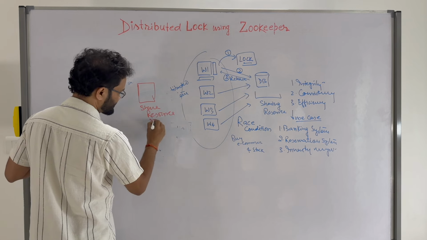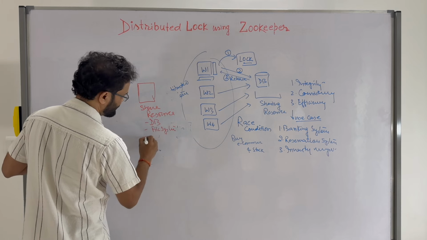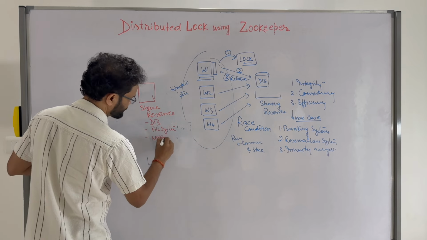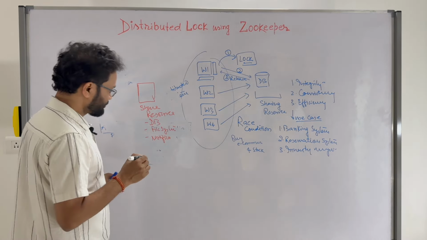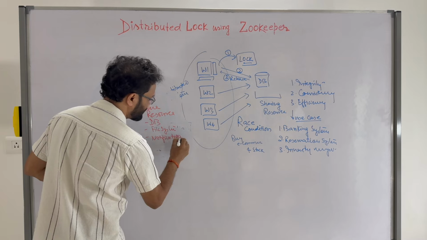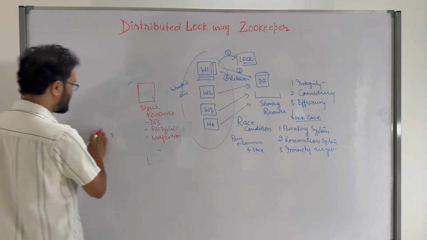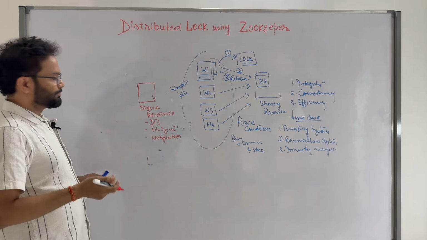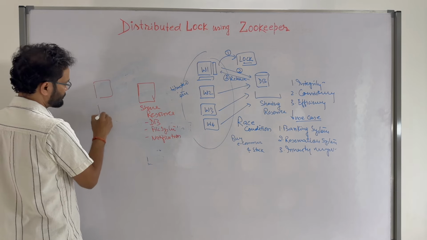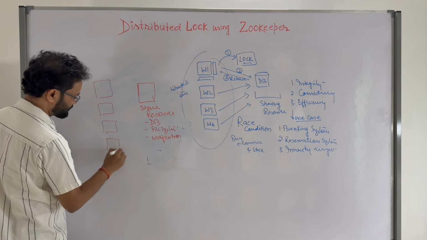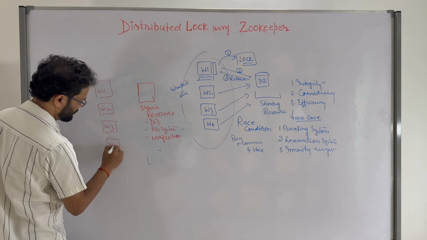That could be a database, a file system, or a notification system. And suppose these are the worker nodes: worker node 1, worker node 2, worker node 3, worker node 4.